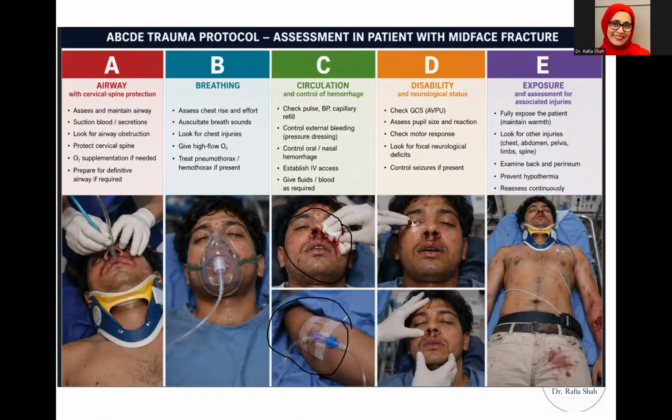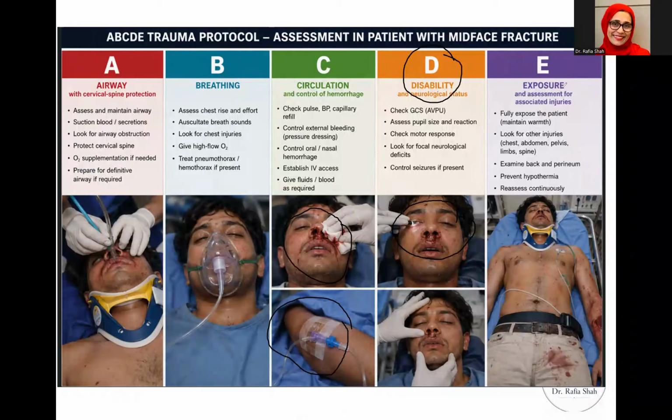If the patient has bled too much, then maybe we will need to go for blood transfusion. Then for any disabilities, we have to check the neurological status of the patient: the size of the pupil, the reaction of the pupil, and any sort of seizures. We need to confirm this with D. D stands for disability, which are basically the neurological disabilities we talk about.